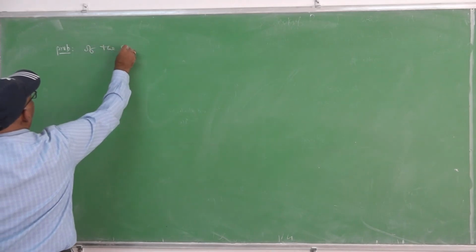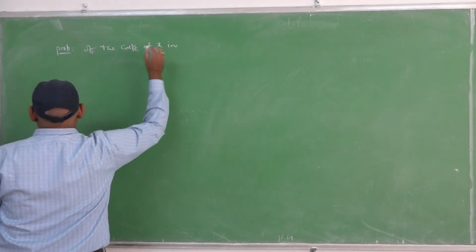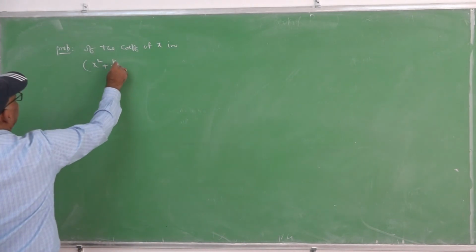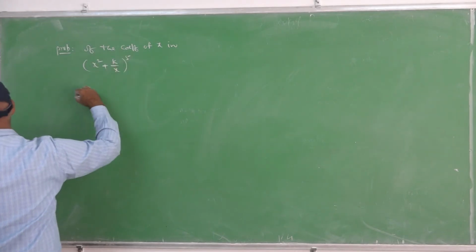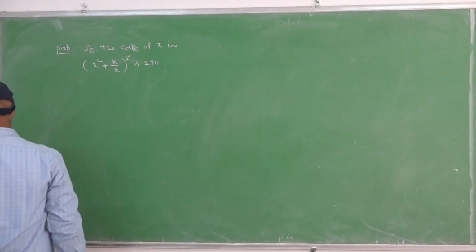If the coefficient of x in (x square plus k by x) whole power 5 is 270, then find the k value.